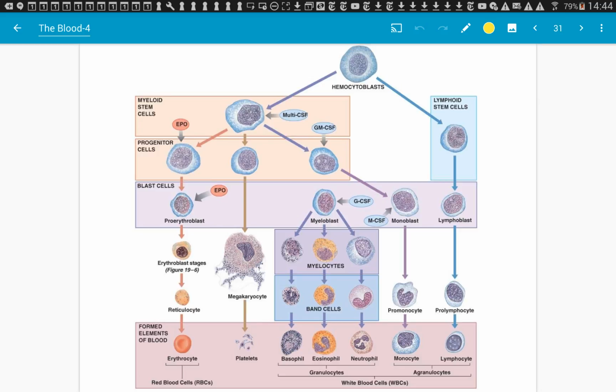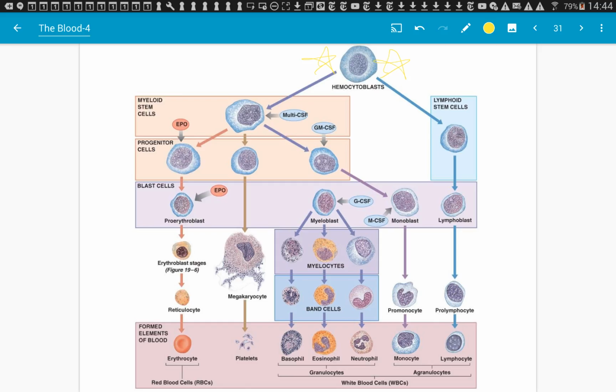Okay, this illustration is also in your book, and it breaks down all the different types of blood cells and where they originate from. So if we look at the very top, the mother of all blood cells is the hemocytoblast.